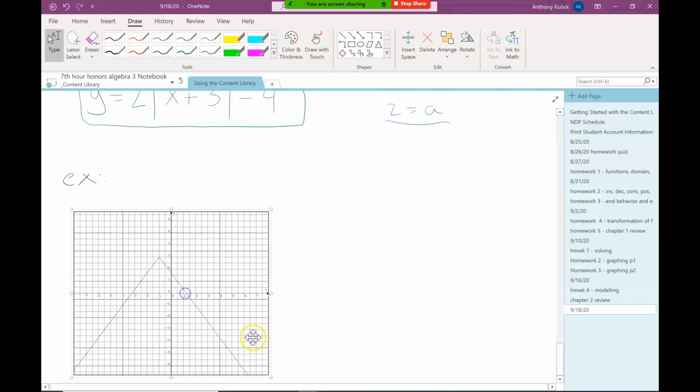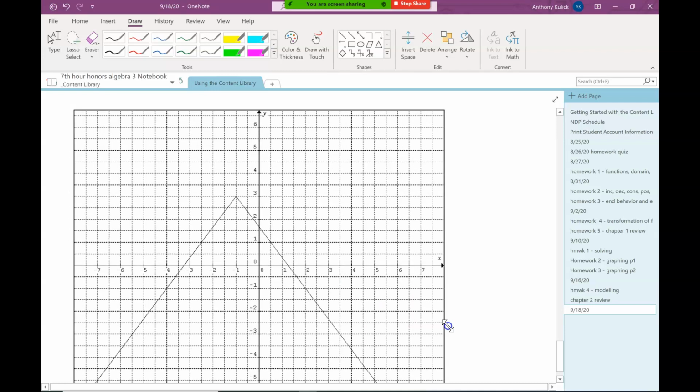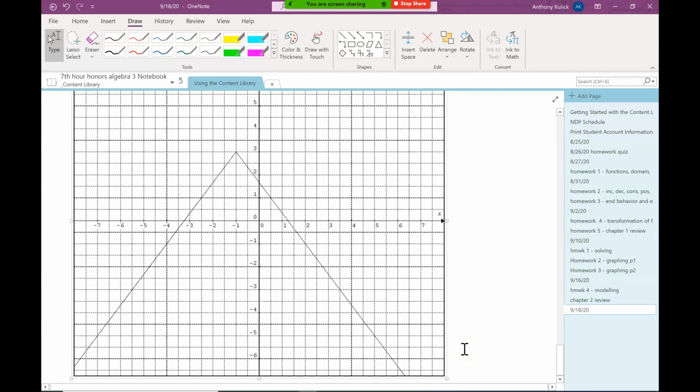So I'm going to put some grid lines on this graph. And that's awful small. Let's make that a little bit bigger. That should be at least realistic to read, right?